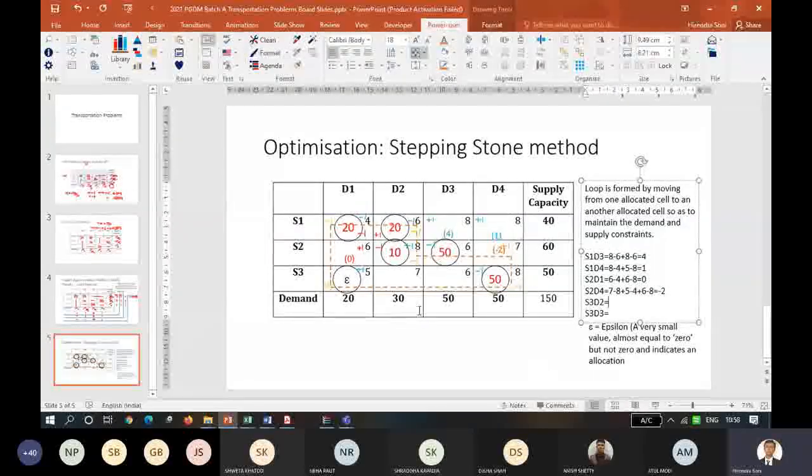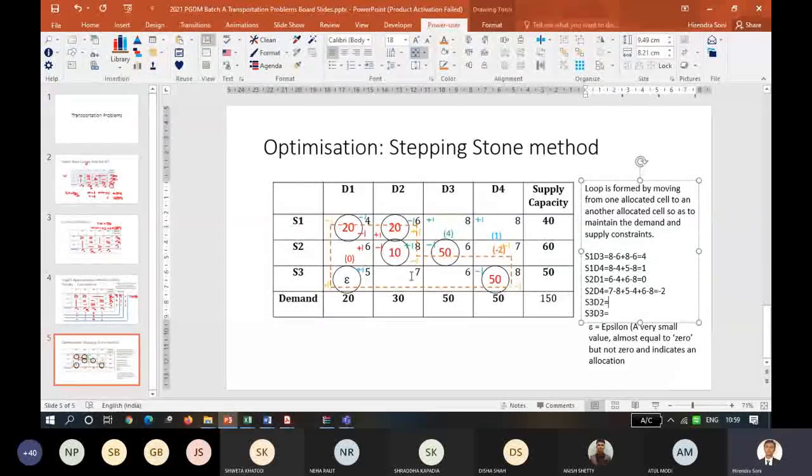So if I look at this S3D2, how will my loop be formed? +7 -5 +4 -6, and I will again come back. Correct? Yes or no? Yes, sir.